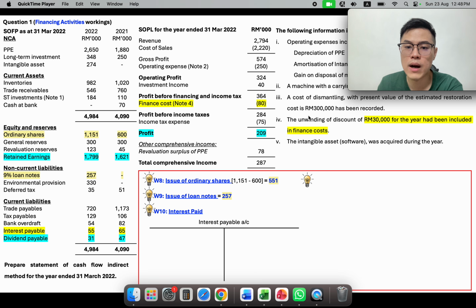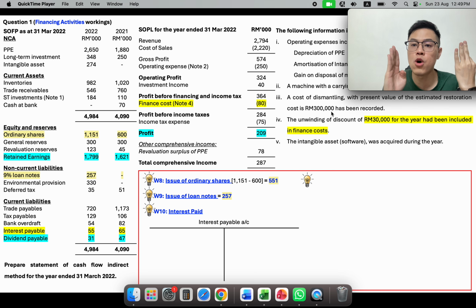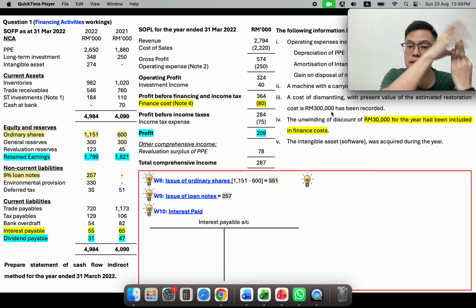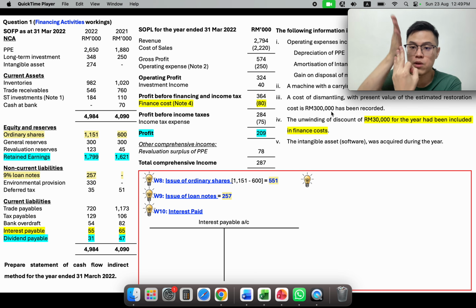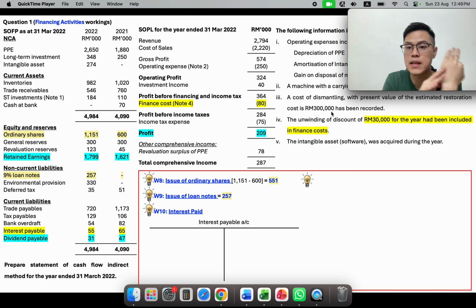Because just now when you were booking in your cost of dismantling, debit PPE, credit your provision, your present value, meaning to say your future value maybe is 400k, and you are trying to bring it into present value 300k. So that is maybe on 1st of January 20x0. But after 1 year, 31st December 20x0, you need to unwind, bring this present value to the future value after 1 year. So that will be a process of unwinding interest. So this unwinding interest 30,000 has been included in the finance cost.